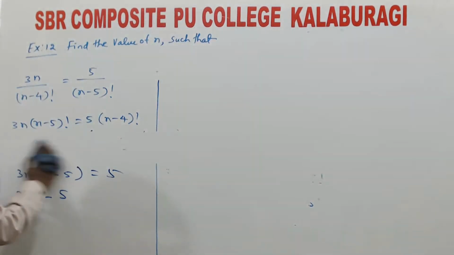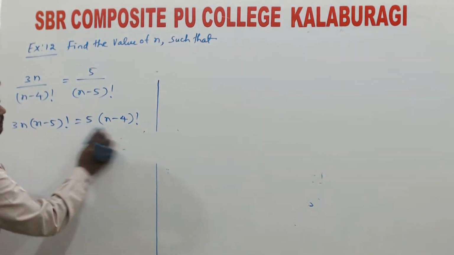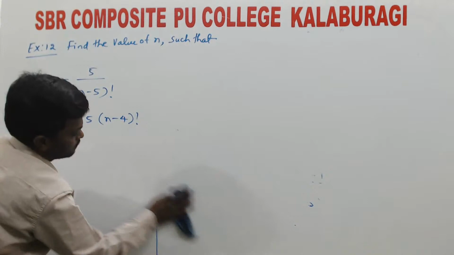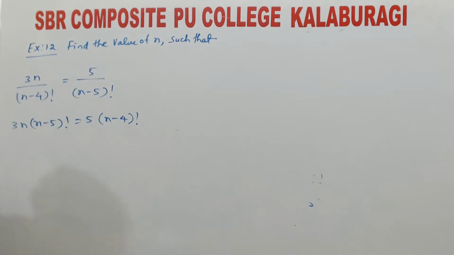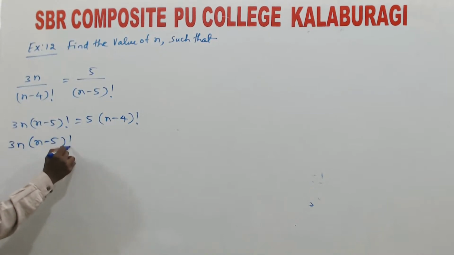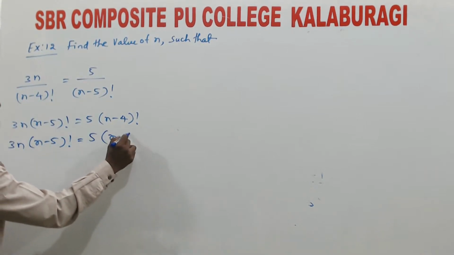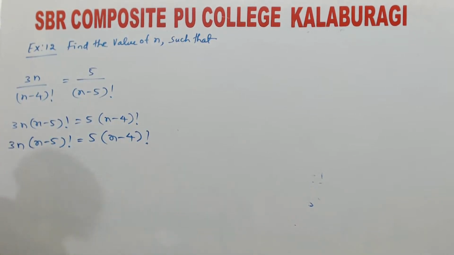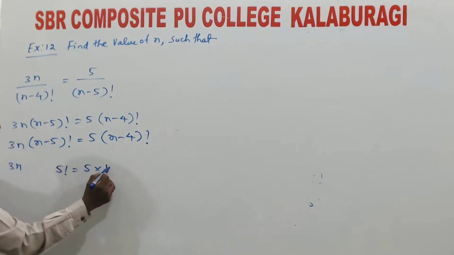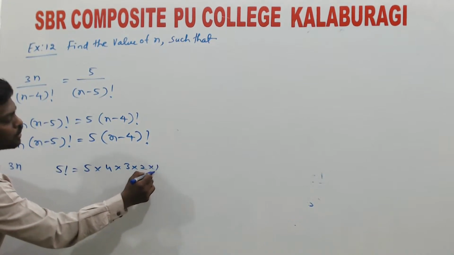Okay, so till here, 3n (n minus 5) factorial is equal to 5 into (n minus 4) factorial, students, right? So what I have done here: when you open (n minus 5) factorial, 5 factorial is nothing but 5, 4, 3, 2 into 1, right?